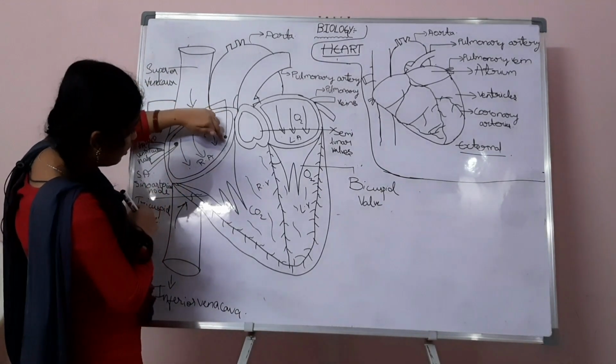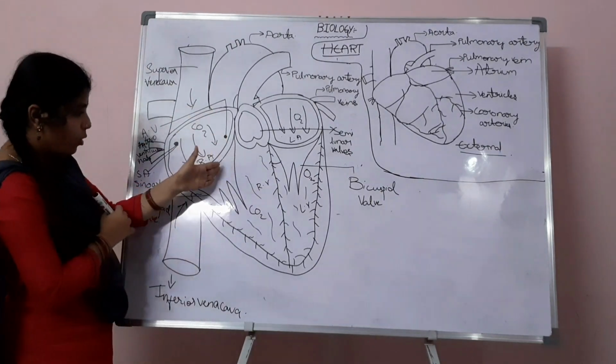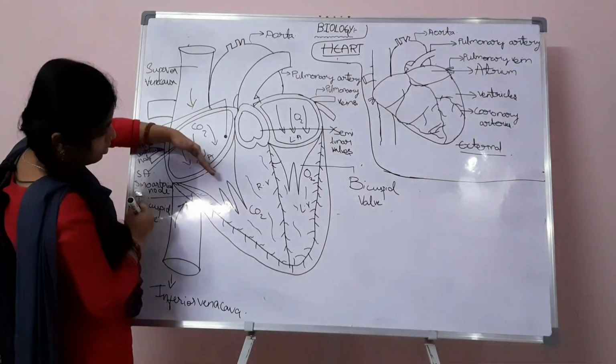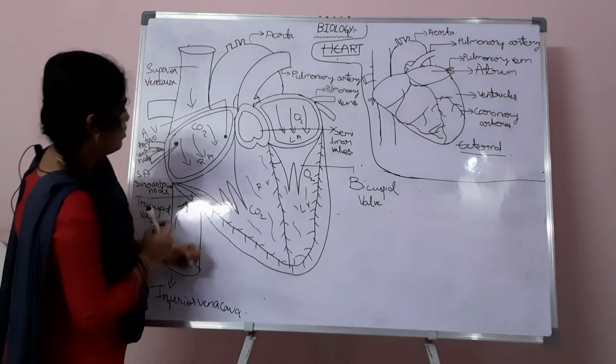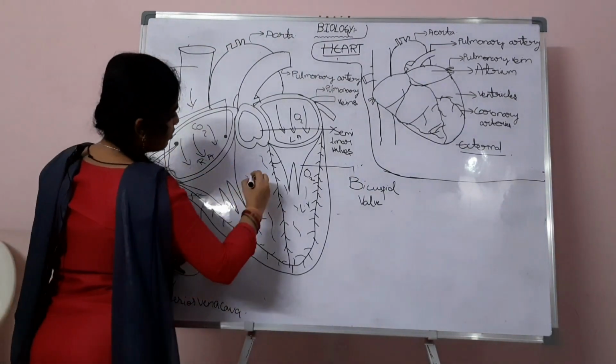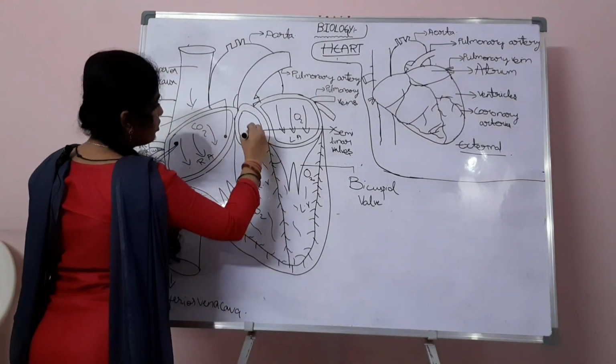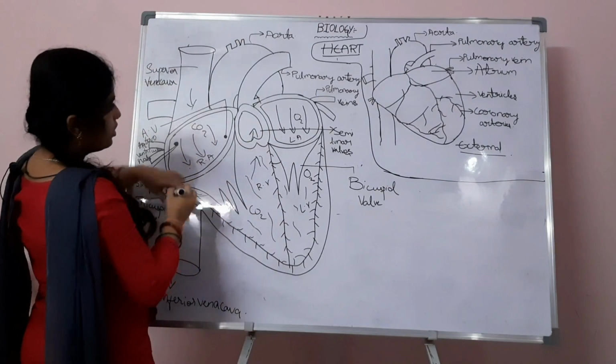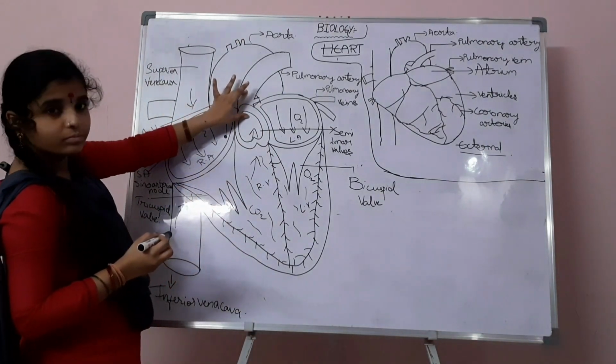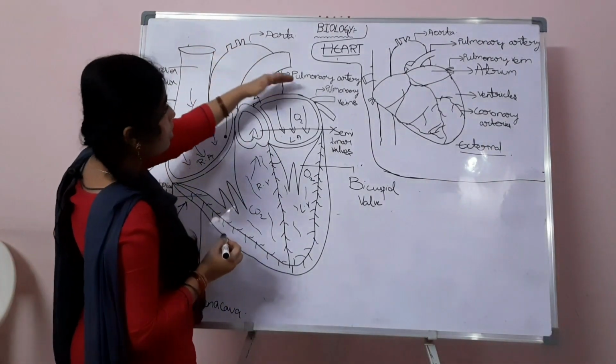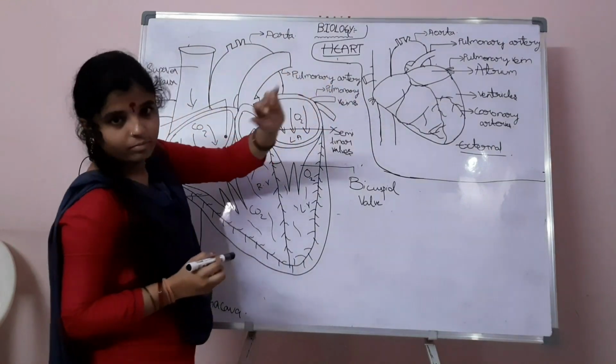From here the valve will open and the blood enters into the right ventricle. Then the blood moves in this direction, and the pulmonary valve will open and it enters into the pulmonary artery.